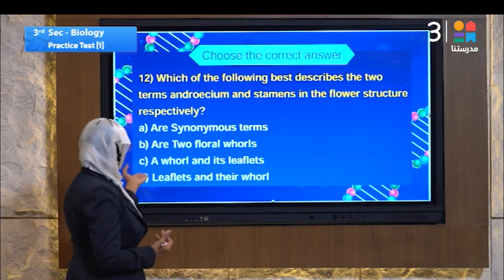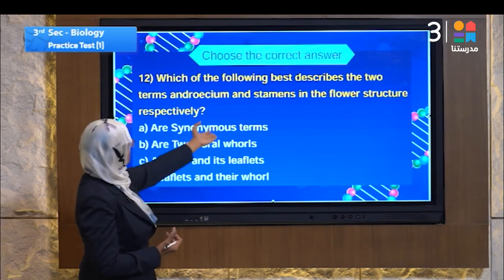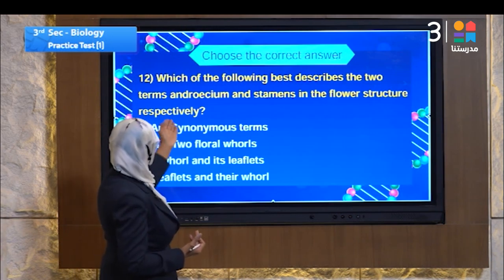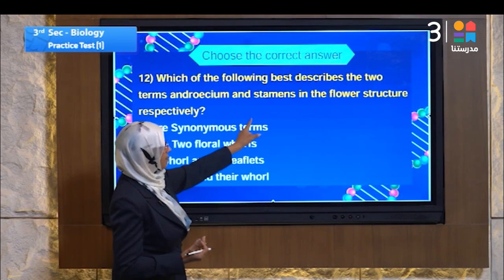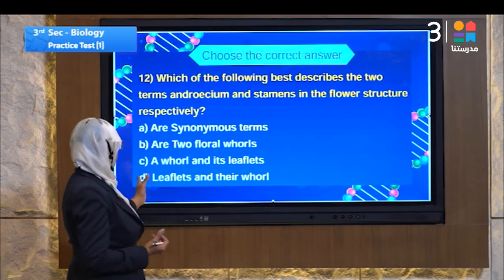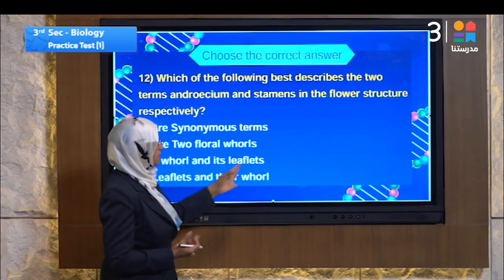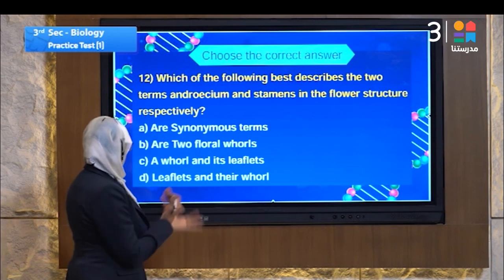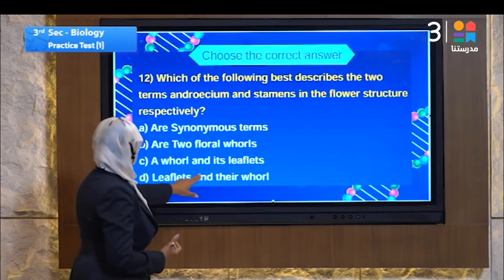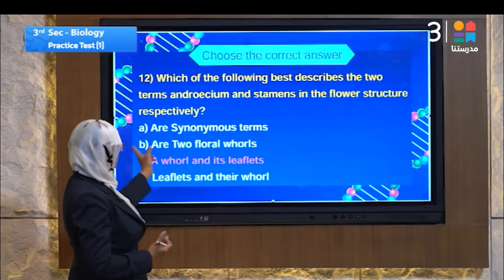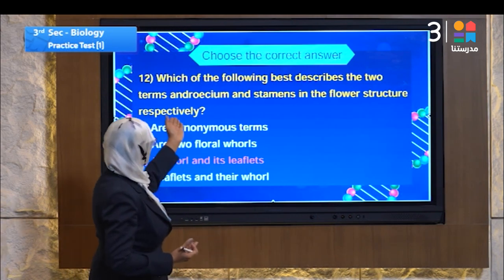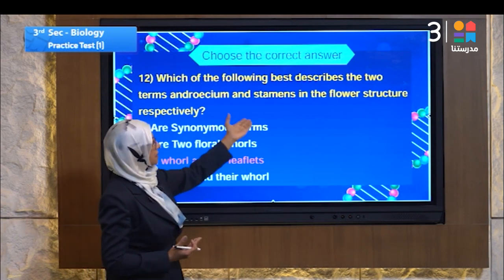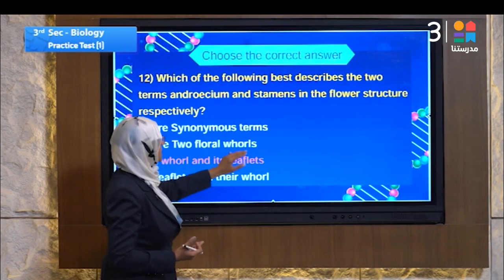Yes, it's a roll and leaflets. That means the androecium is the big one, and the leaflets, that means the stamen, is a part of the androecium. Leaflets and their roll, no, that's the reverse. So the answer must be C, roll and leaflets. The androecium is the big one, and the small unit of it is the stamen.